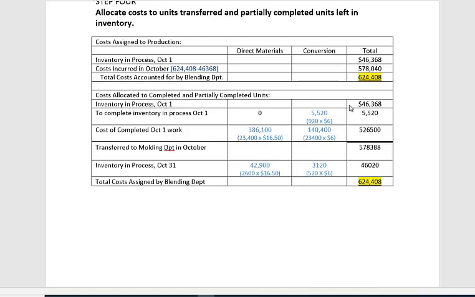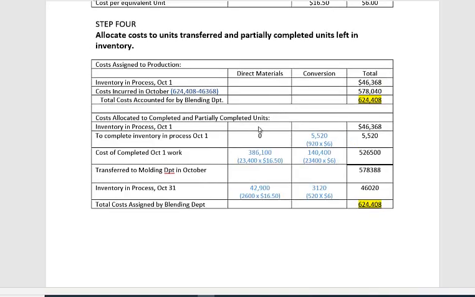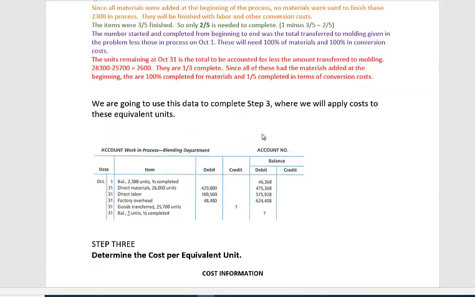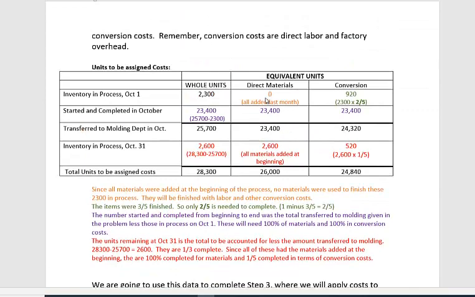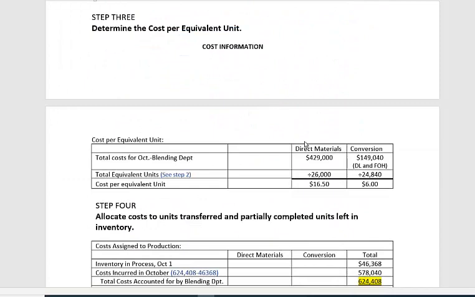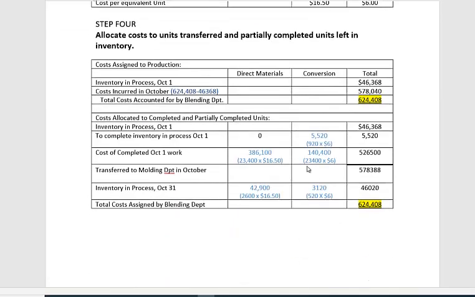We brought those costs in from September, so those costs are now in October. All right, for the 2,300 partially completed units, remember the equivalent units for those were 0. So we had 0 equivalent units at $1,650, so that equals 0.